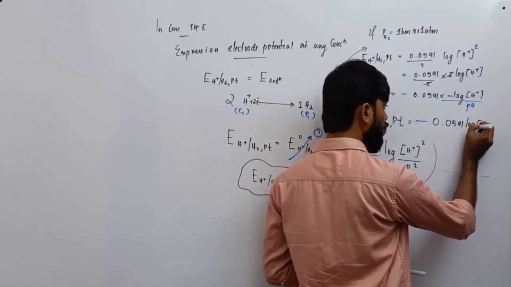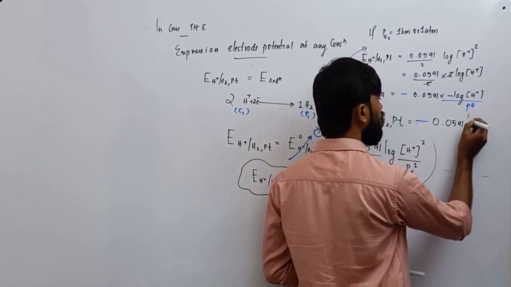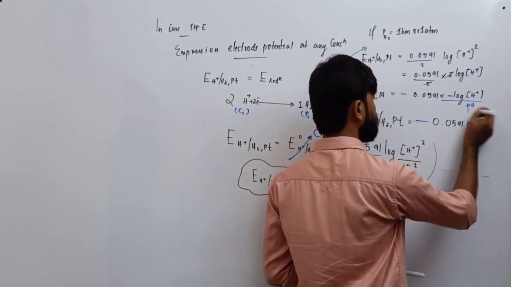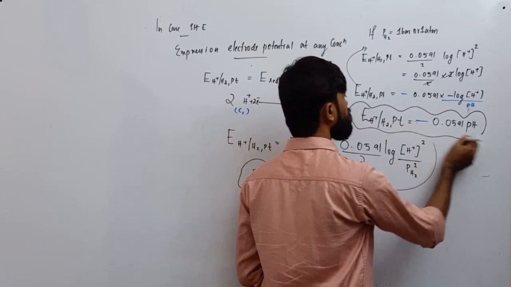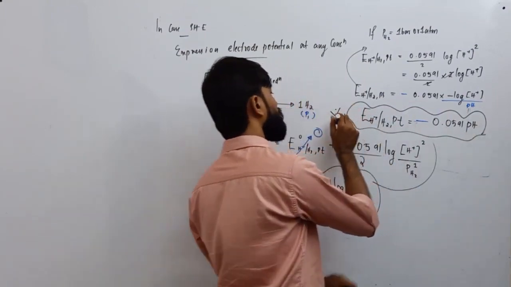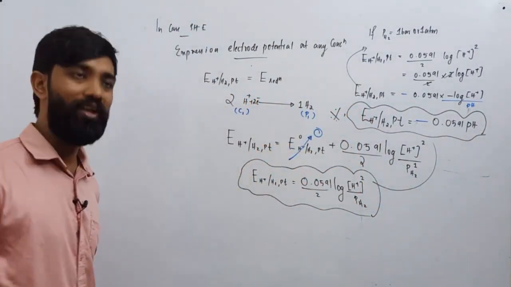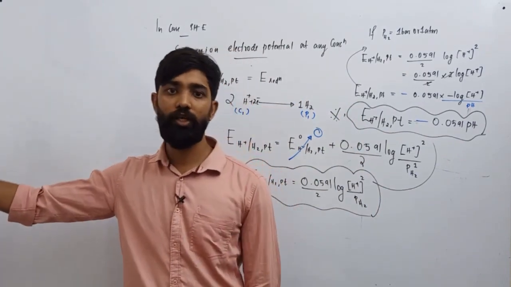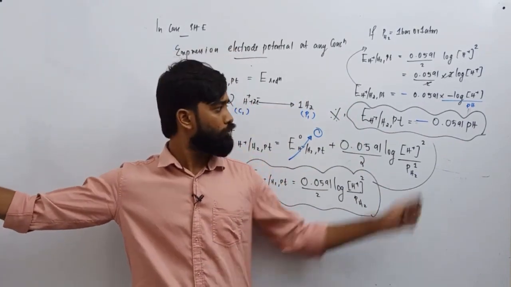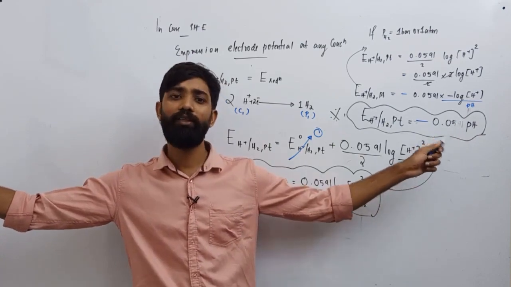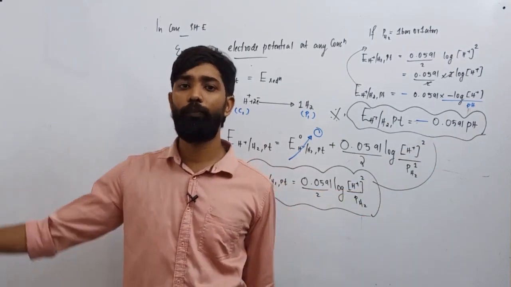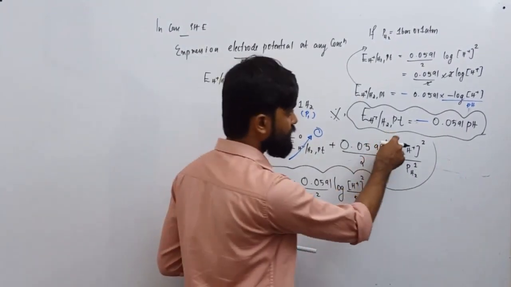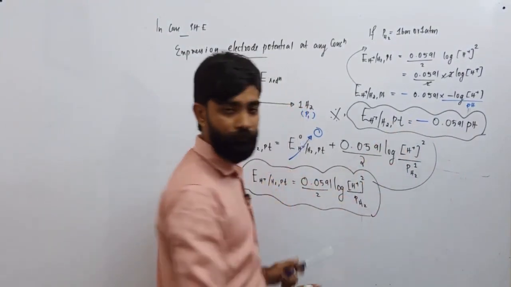This is very important, a frequently asked question. Find the electrode potential of SHE if it exists at a pH of 3. You simply multiply the 3 with minus 0.0591 and you obtain that. And this is a general expression for SHE.